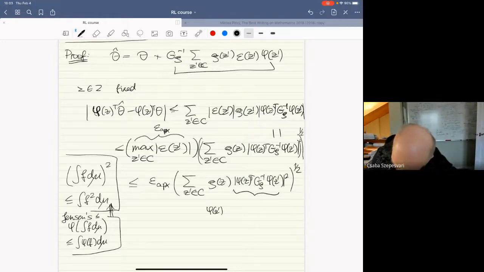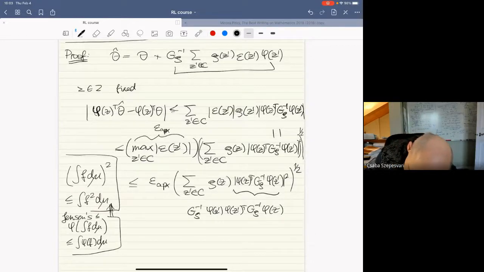Phi z prime transpose G inverse phi z, G inverse phi z. Sorry, there is a transpose there. So this is one of the terms, this is the other term.